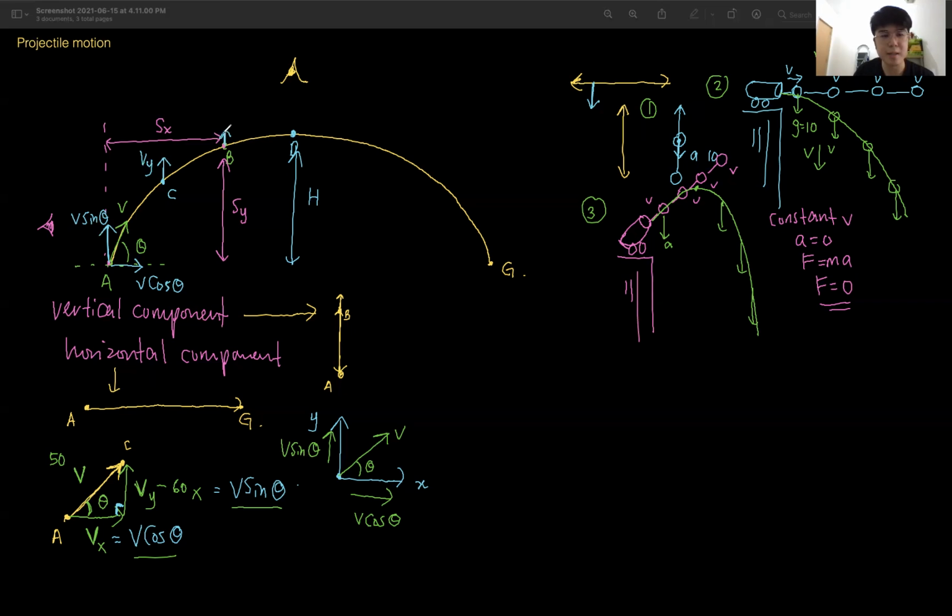This one shorter than this. This is lower than this one, and eventually at point D, the vy is nothing already, it's zero already. So here, vy is zero. This is a very, very important information you need to know. At the top, 你的 vertical component 是 zero velocity. Okay?